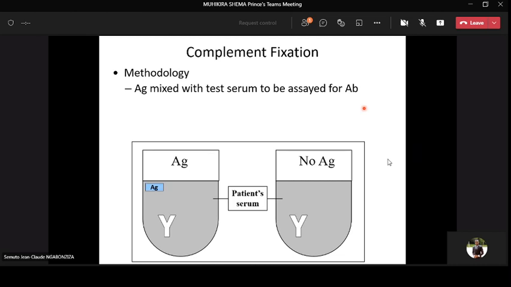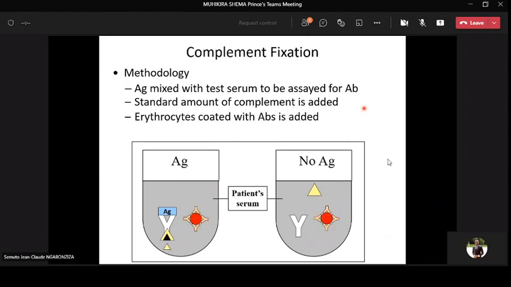After adding antigen, you add a standard amount of complement. If the antibodies are in place, then there will be fixation of complement.